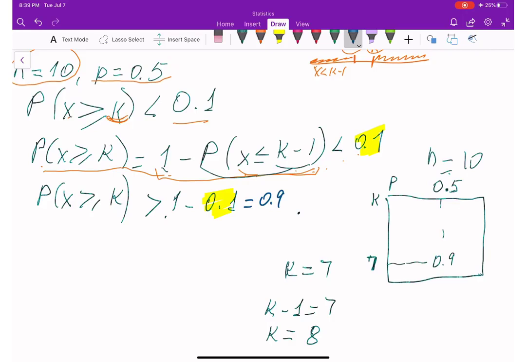Okay, now what we are going to do here, so probability of X less or equal to K minus 1 is equal to 90%. So we need to find which value of K is greater or equal to 90%, 0.9. This is what we are going to do.